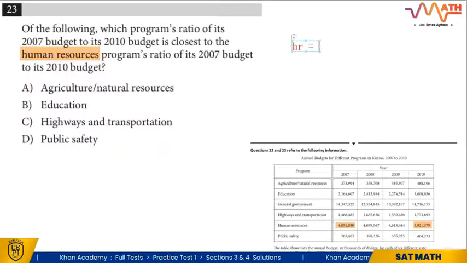is going to be 5,921,379 divided by 4,051,050.